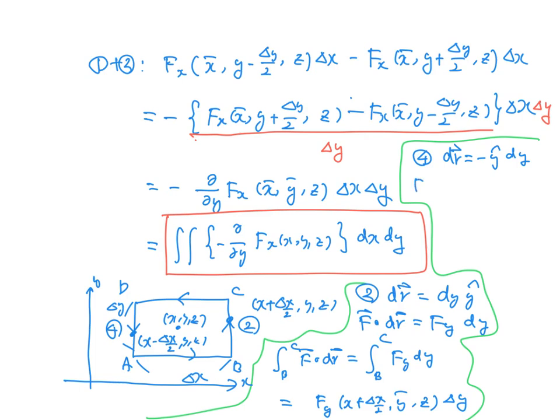So F dot dr is minus Fy dy. Then F dot dr will be the same as this, minus Fy. However, this is at x minus delta x over 2, y bar, z, delta y.